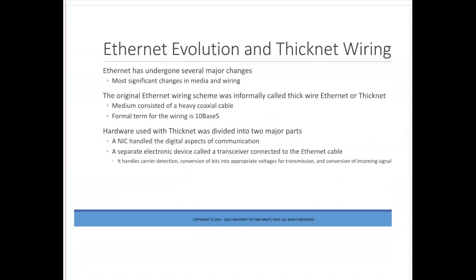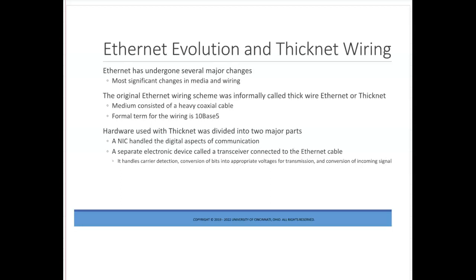Ethernet has undergone several major changes, with the most significant changes in media and wiring. The original Ethernet wiring scheme was informally called thick wire Ethernet or ThickNet because the medium consisted of heavy coaxial cable. This wire is formally called 10Base5, 10 megabits per second at 500 meters.